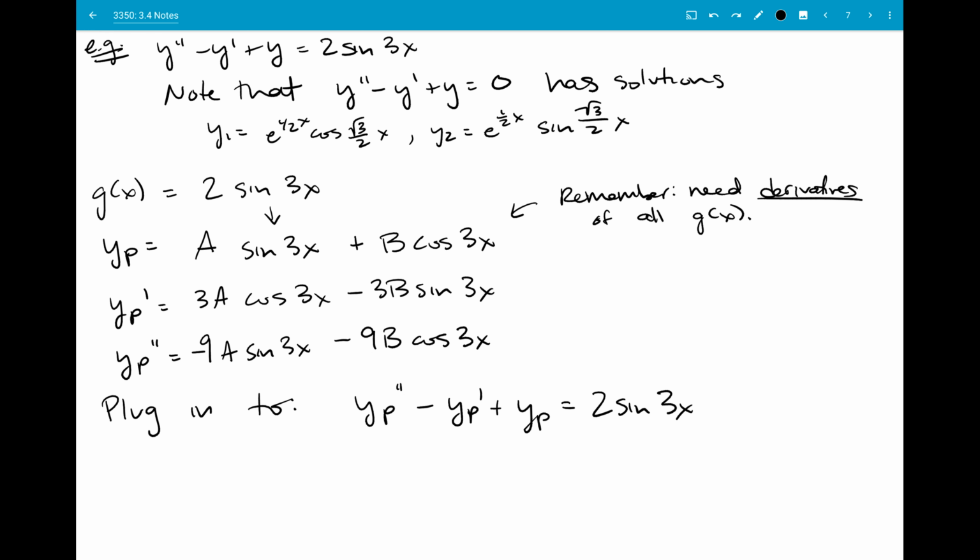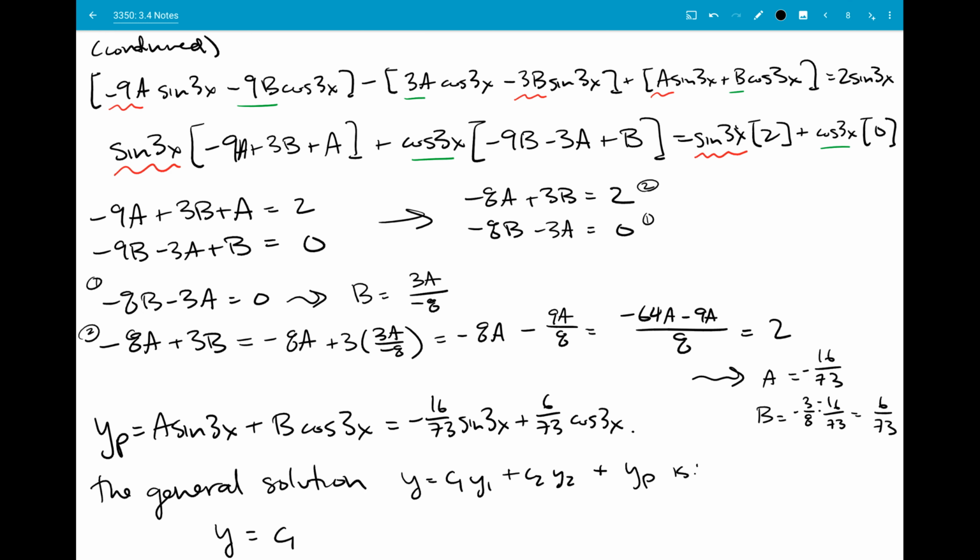times my solutions to the homogeneous equation. So e to the 1/2 cosine root 3 over 2 plus c2, same thing but with sine, plus my y sub p, the thing that we actually just found.